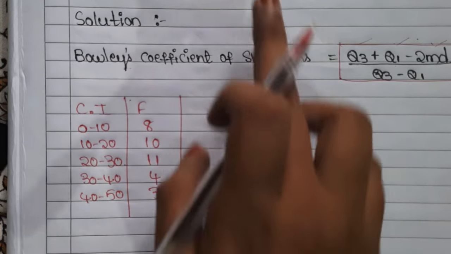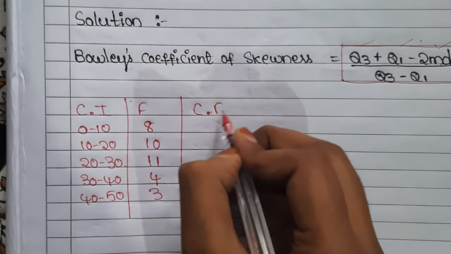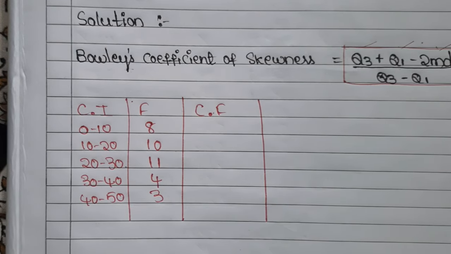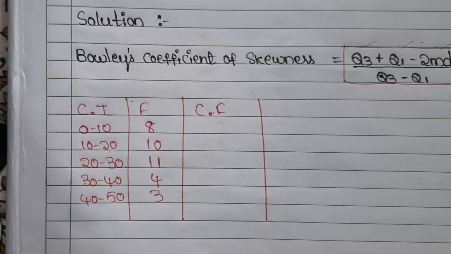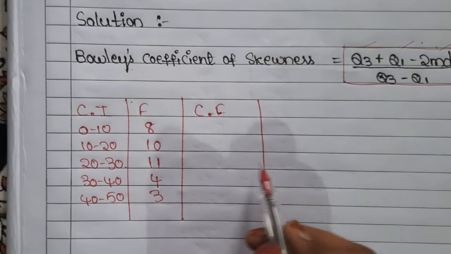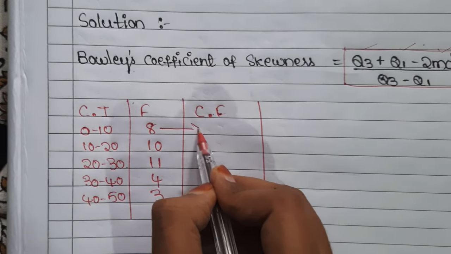After getting both of these from the question, we should find the cumulative frequency. I have shown you how to calculate cumulative frequency in our previous videos on mean, median and mode. The first frequency you take as it is.